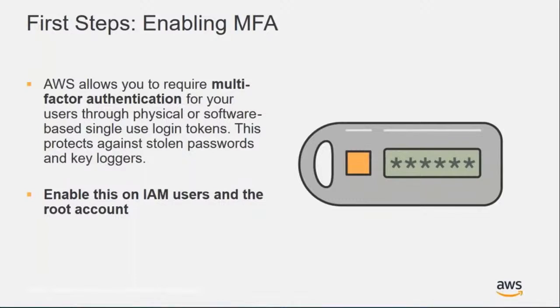So we highly recommend that you create IAM users and also enable MFA for the root account. In the root account of IAM, you will be required to enable it there, and then you will have multi-factor authentication.